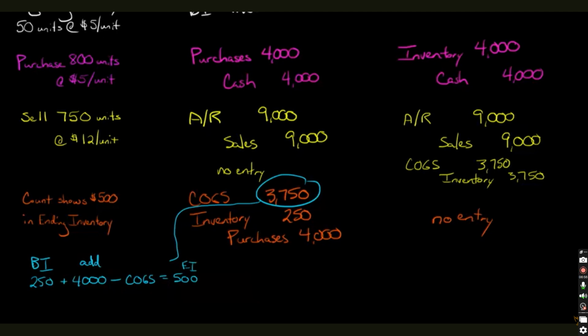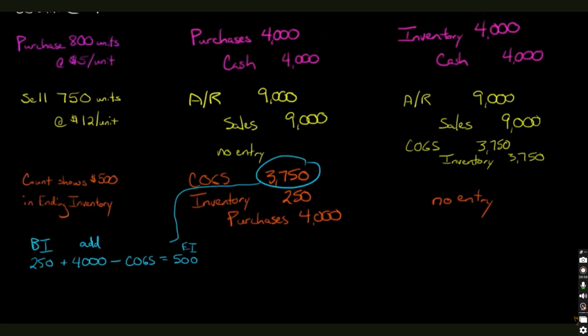So if we look at this equation and do a little algebra, if we add cost of goods sold to each side, then we'll get cost of goods sold over here, and then we subtract this 500 from that side, we'll end up with $3,750 equal to our cost of goods sold.